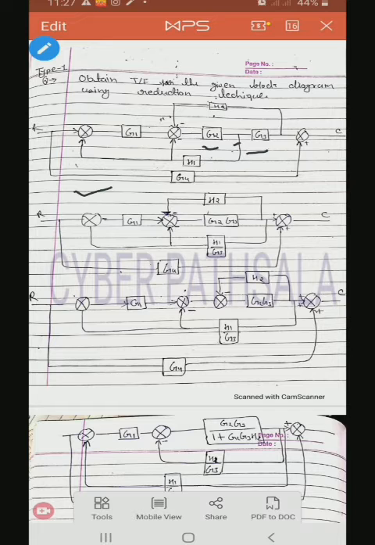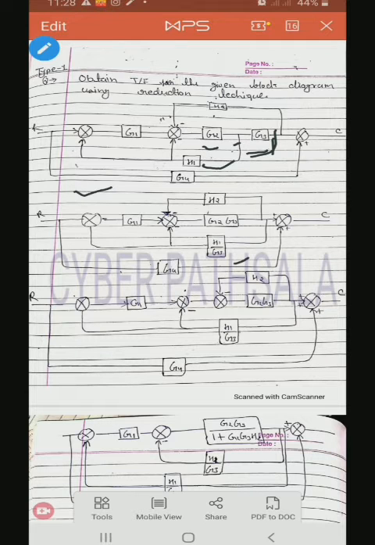As you move the takeoff point after the block G3, you have to multiply H1 by G3, no, divide. You have to divide because you are not getting G3 here, so you divide with G3.